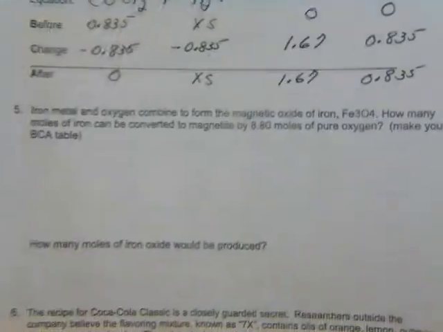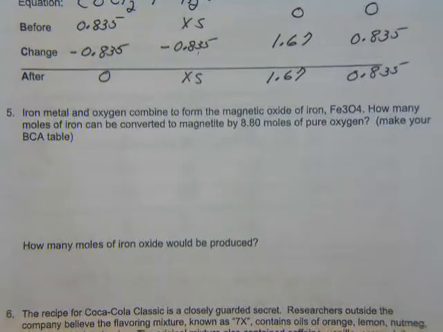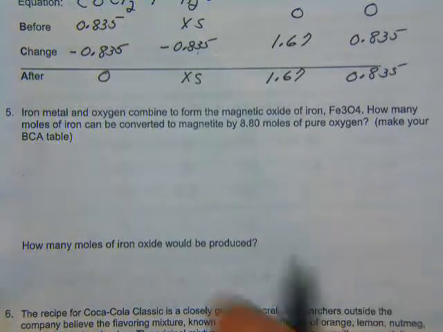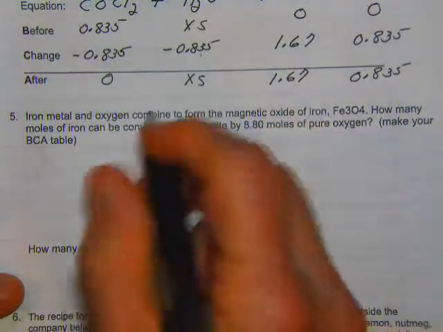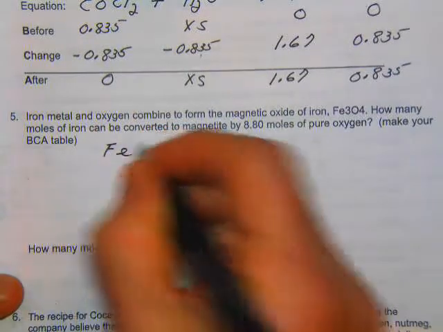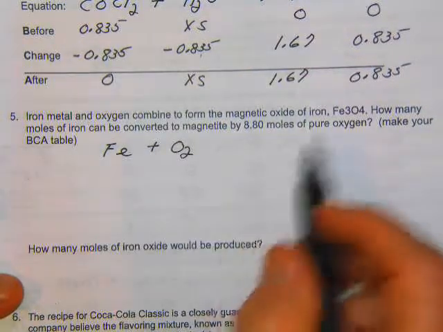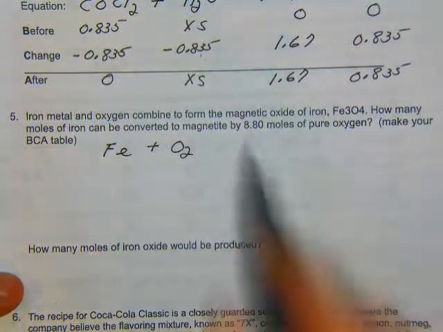Let's look at problem number 5. Iron metal and oxygen combine to form the magnetic oxide of iron, Fe3O4. How many moles of iron can be converted to magnetite by 8.80 moles of pure oxygen? Alright, let's see what we got. Got to write the balanced formula. So we've got iron and oxygen. Remember, oxygen is diatomic. Now this is saying we've got pure oxygen, so this is the one that's going to get used up.